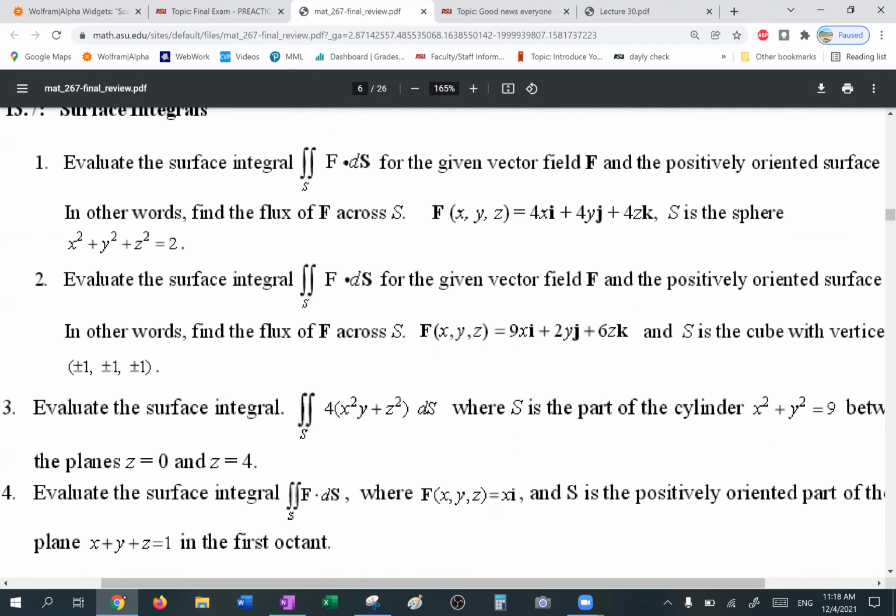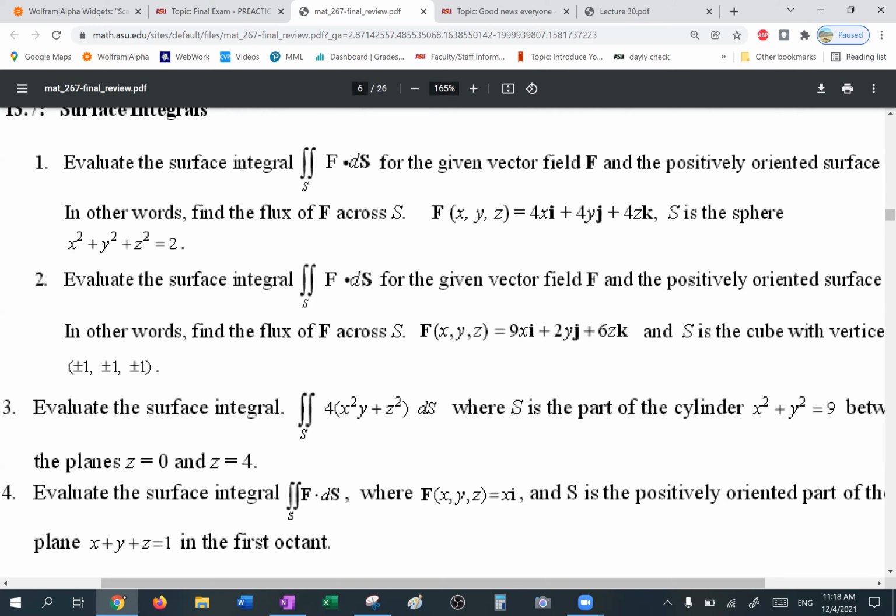Well, actually, let me check. Verify that. Conservative. Change the order of integration. Yeah, I'm right about this. So if I want to put some kind of easy multiple choice question, maybe I should just ask you, hey, calculate curl or calculate divergence.